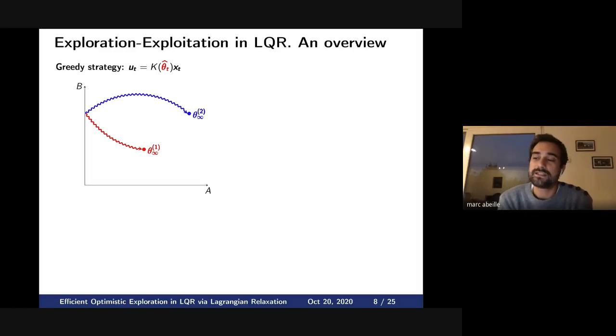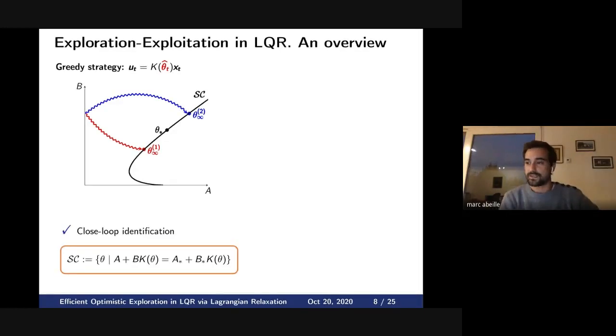And essentially, this means that the greedy strategy does not yield almost sure convergence for the sequence of estimates, but only a convergence in distribution. And this convergence takes place on some manifold that is denoted curly SC, which is what I call the self-coherent set.